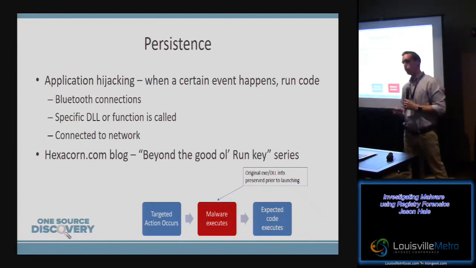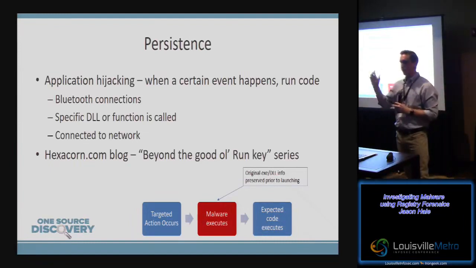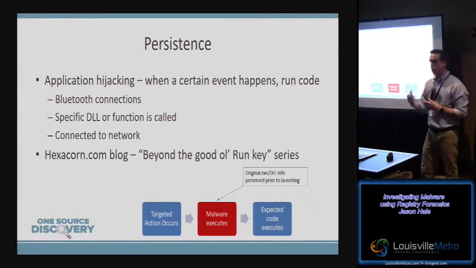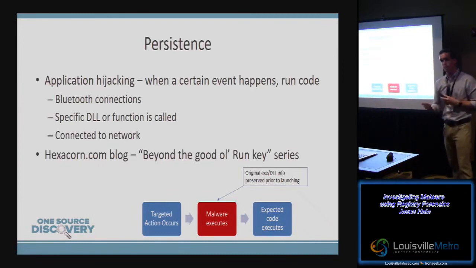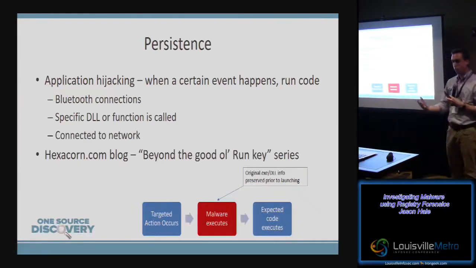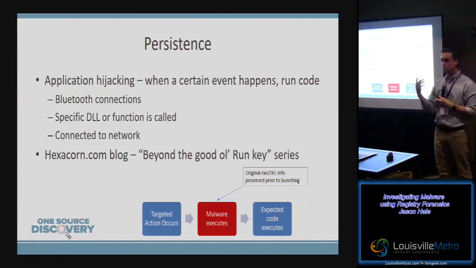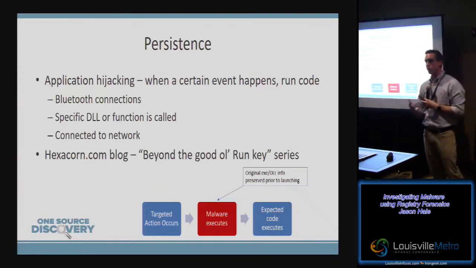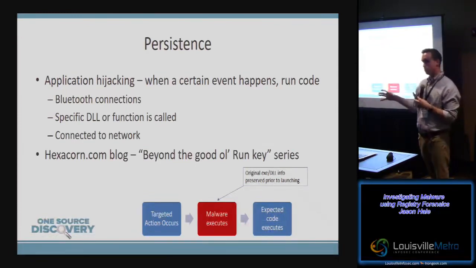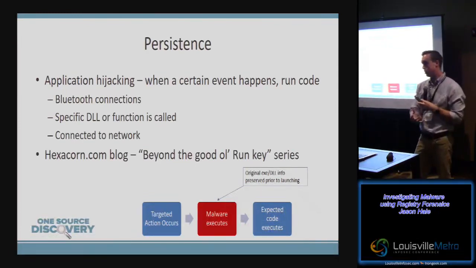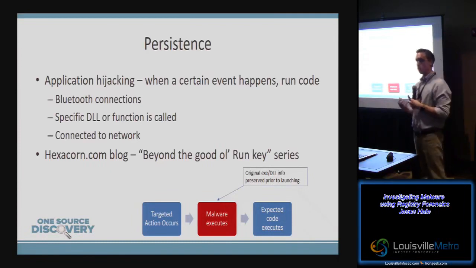Okay, so an example of this would be if you've got some type of downloading program, a torrent client, that is set to scan any files that are downloaded from the internet when they're complete. Typically in those types of programs, you can provide the path to an antivirus program that you want to use to scan that. Well, there's nothing preventing an attacker from replacing that antivirus path with a path to an executable that they want to launch whenever a file is downloaded.